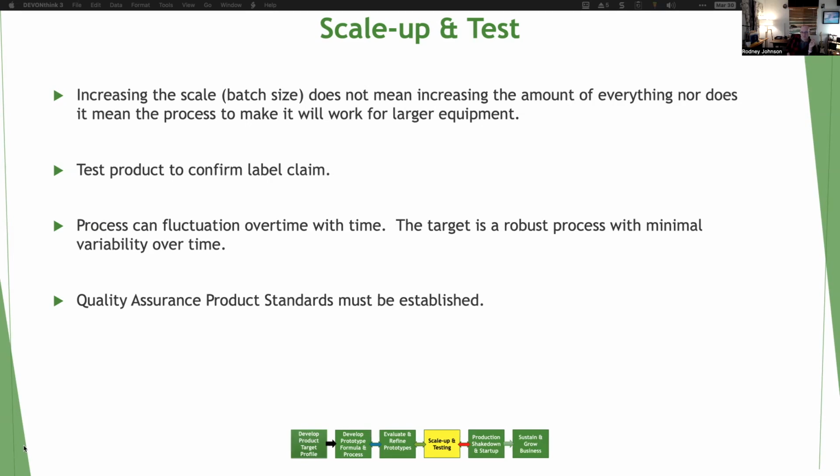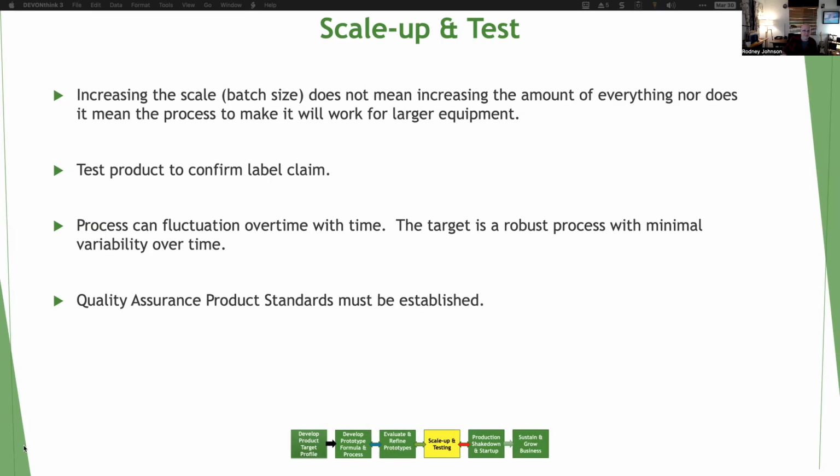So the scale up is not a simple 1-to-1 or 1-to-5 expansion of everything. And so there have to be tweaks and tests done to confirm that it actually will run in that particular equipment in the long term.